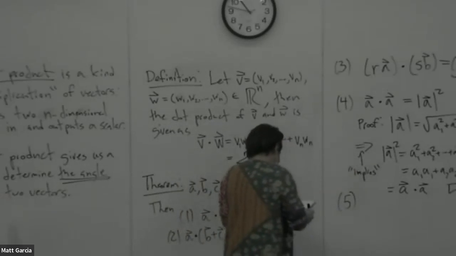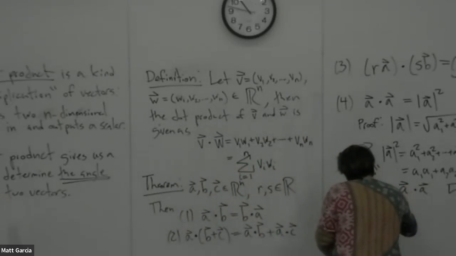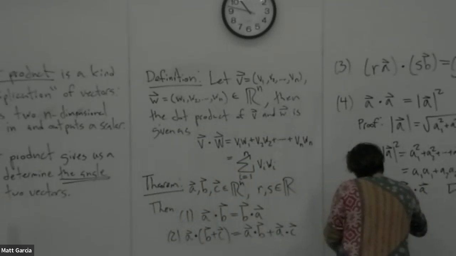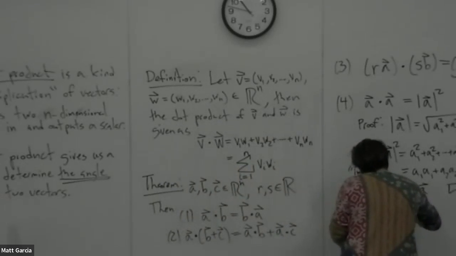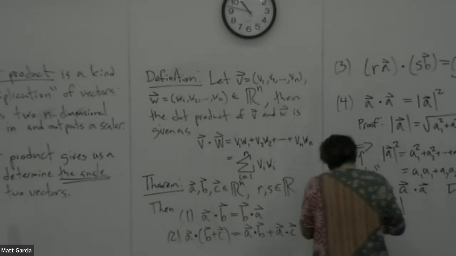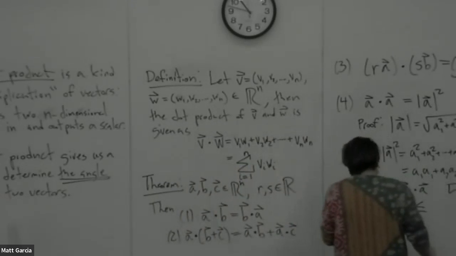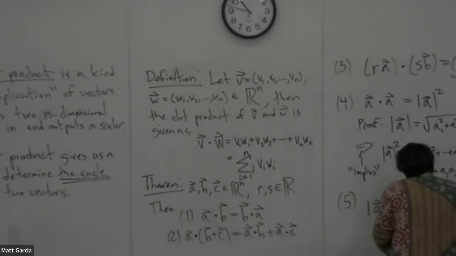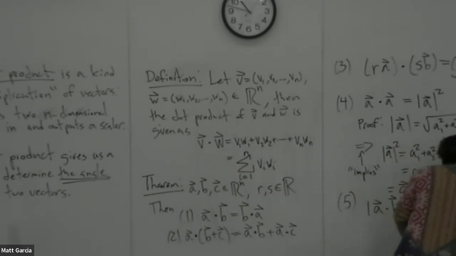What else is nice about the dot product? The absolute value of the dot product of a hat and b hat is less than or equal to the magnitude of a times the magnitude of b.